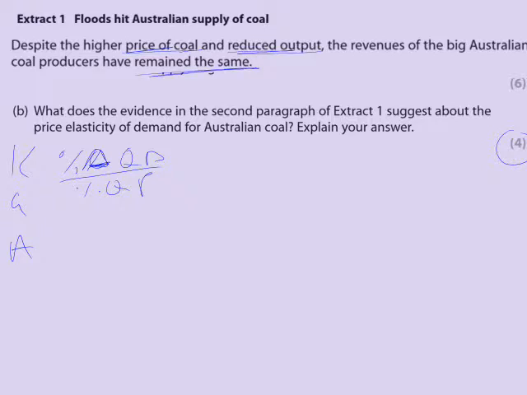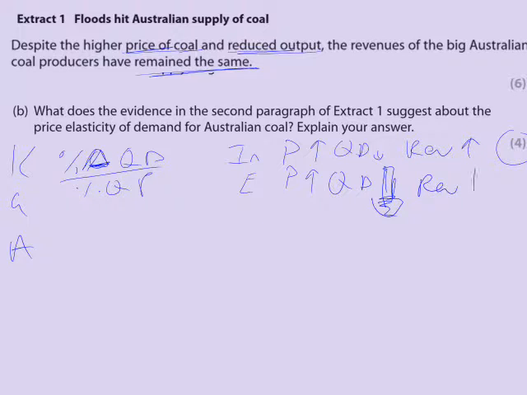Now, what we know is that if there's inelastic demand and you put prices up, then the quantity demanded falls a little bit and you increase your revenue. And if we have elastic demand and the price goes up, the quantity demanded falls a lot and your revenue goes down.